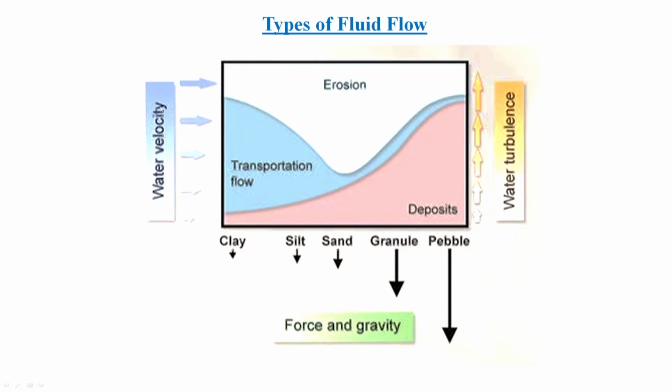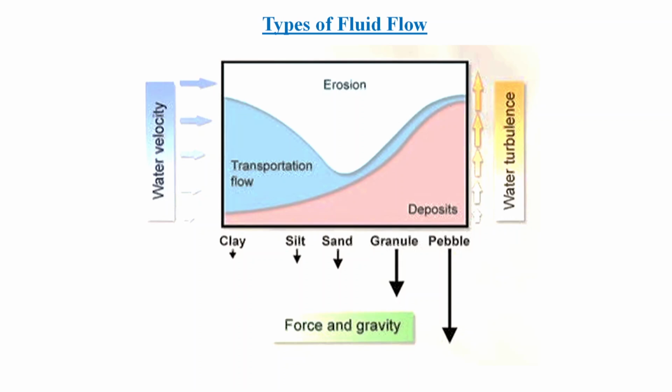Now again on the bottom side you have these 5 types of particles based on grain size, like we discussed in our discussion on sedimentary rocks. For example, I am taking these 5 for our understanding: clay, silt, sand, granule and pebble.